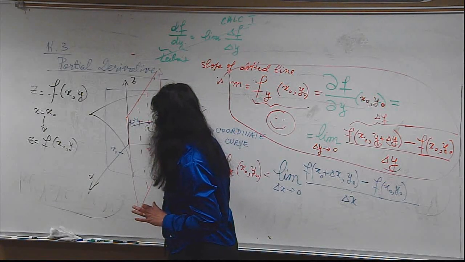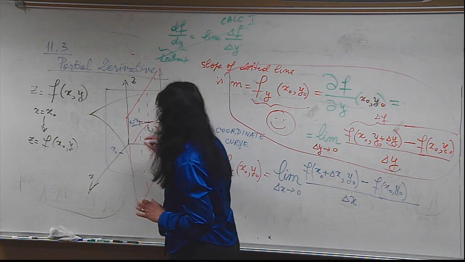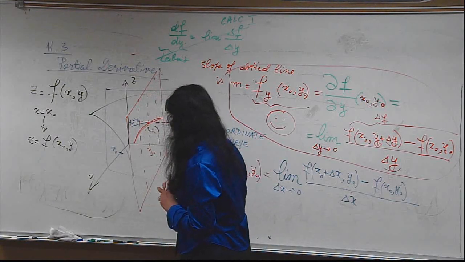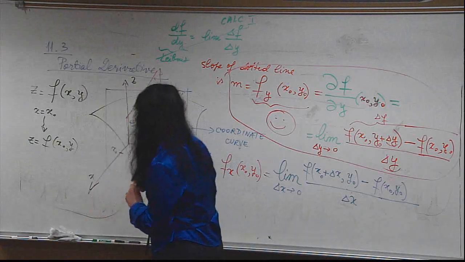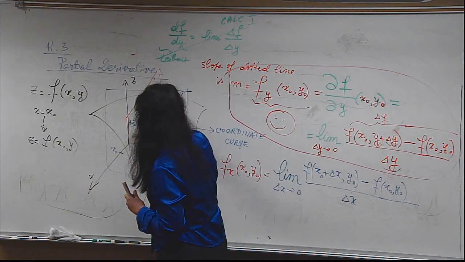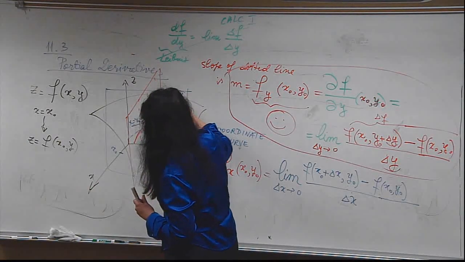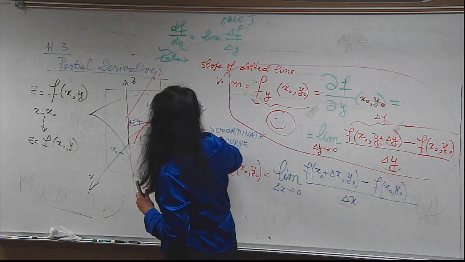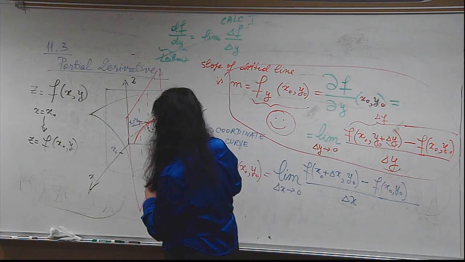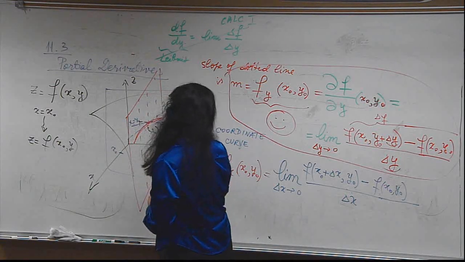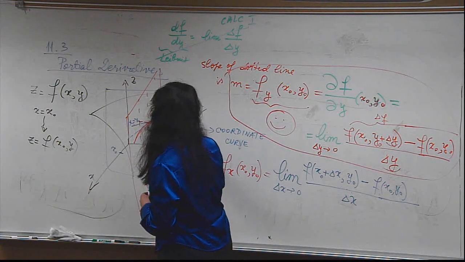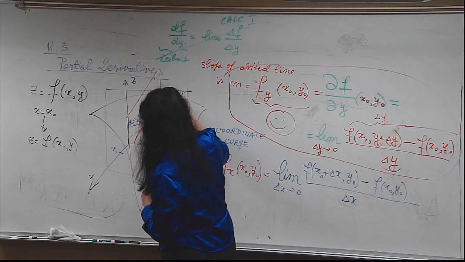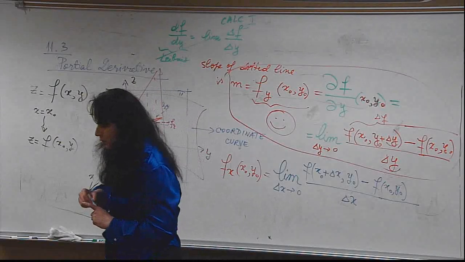It looks like that, through the same point, and then the slope of the line will be f sub y for this one, and for the other one, this is f sub x.